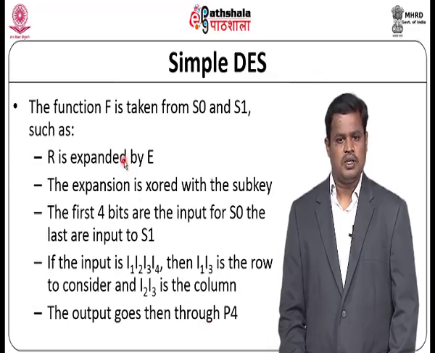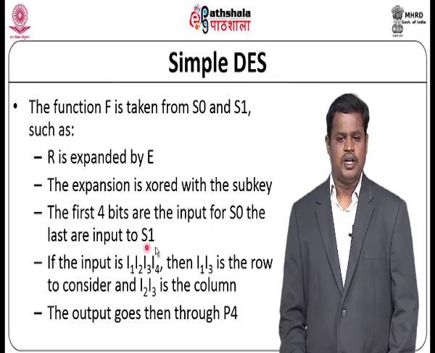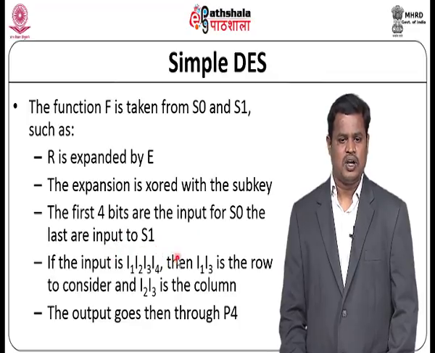From this we can say f is taken from S0 and S1 such that R is expanded by E, the expansion is XORed with the subkey, the first 4 bits are input for S0, and the last 4 are input to S1. As I mentioned earlier, there are 2 S boxes, so the first 4 bits and last 4 bits are given to S0 and S1.